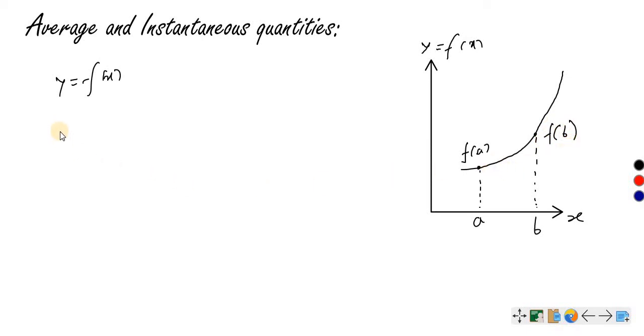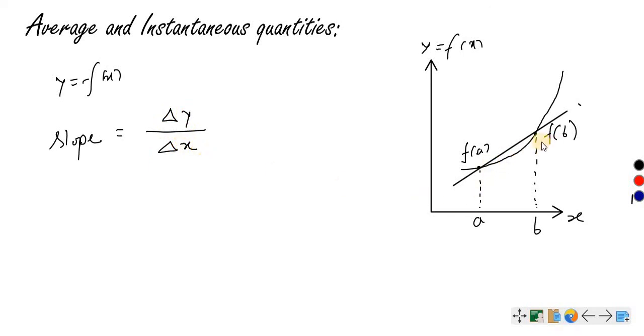So as I have said, slope. Now I am drawing a line passing through these two points, okay? The slope of this line will be given by the change in the y-axis by the change in the x-axis.